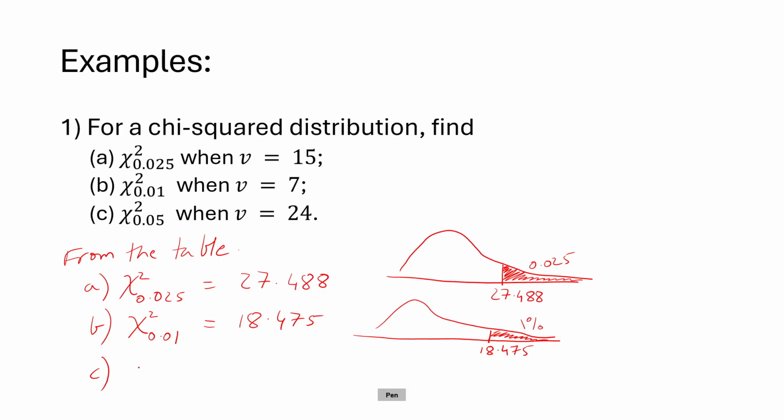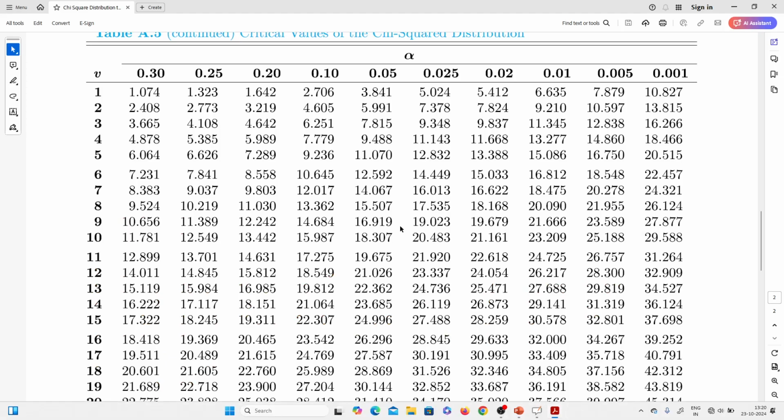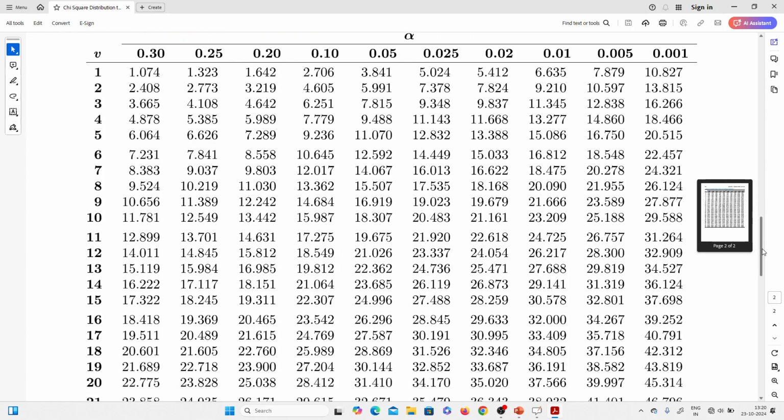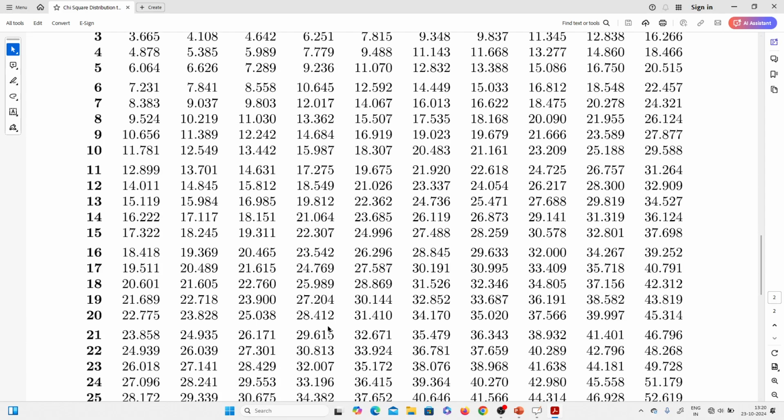Okay, next is chi-square of 0.05. So this is 5% for 24 degrees of freedom. Yeah, 0.05 is this number for 24 degrees of freedom: 33.196.